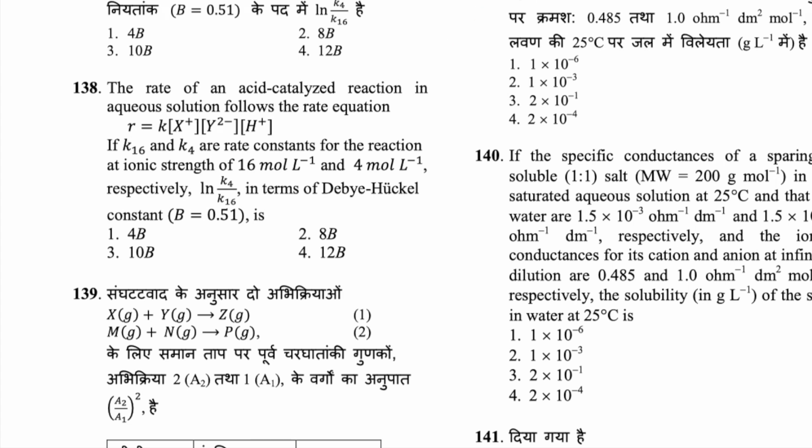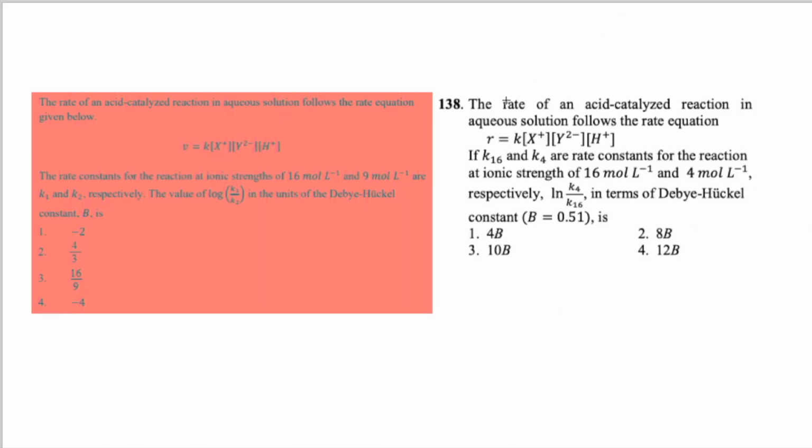Let's first of all see the similarities in both the questions. So these are the two questions. If you look at them, it says that the rate of an acid catalyzed reaction in the aqueous solution, rate of an acid catalyzed reaction in the aqueous solution.